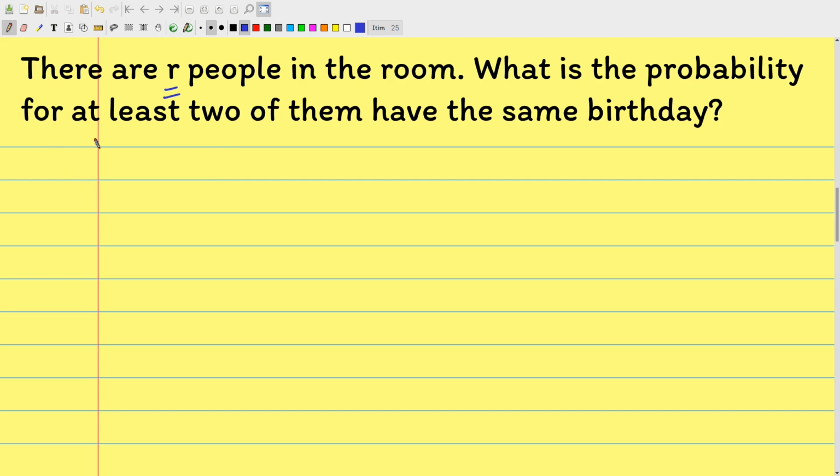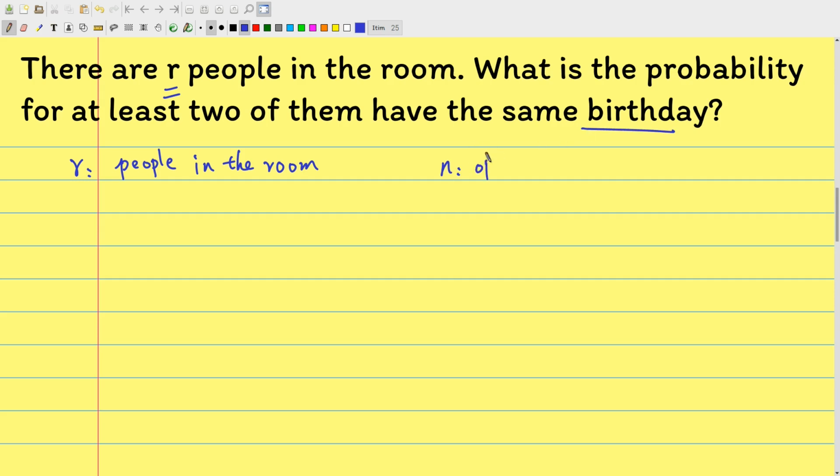So R can represent the number of people in the room. And there's another parameter we need to think about: we look for the same birthday, right?